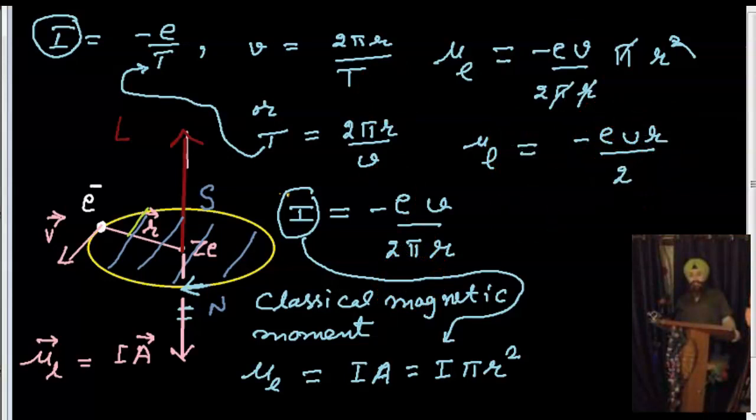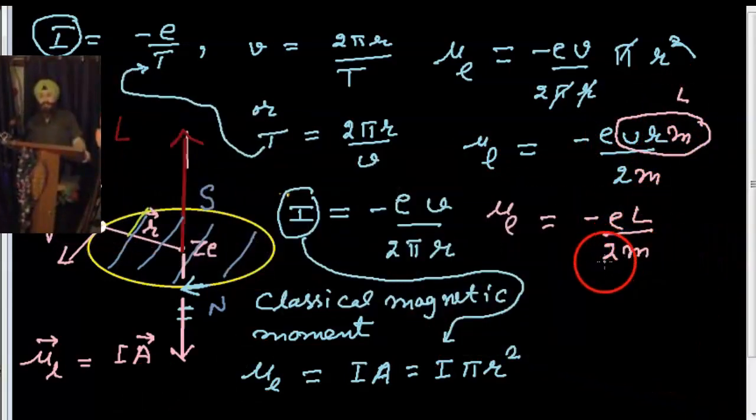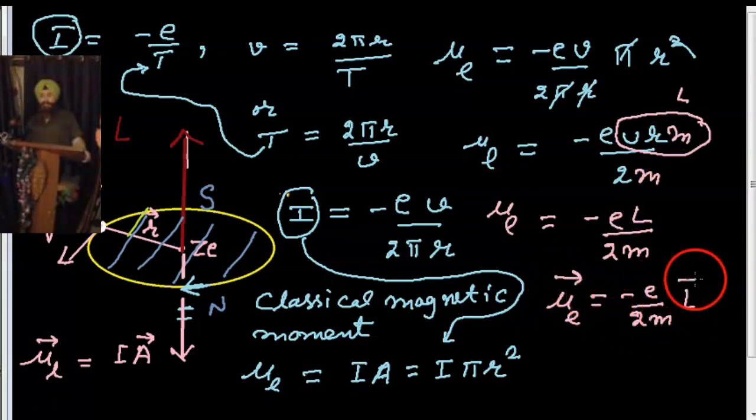Now this is mu L, multiplying and dividing by m. So mvr is what? mvr is basically the angular momentum. Very important. Now mu L becomes minus e upon 2m into L vector. Just see a negative sign.